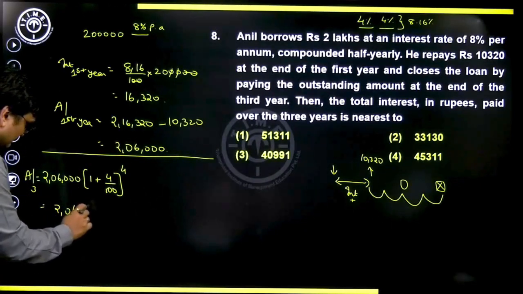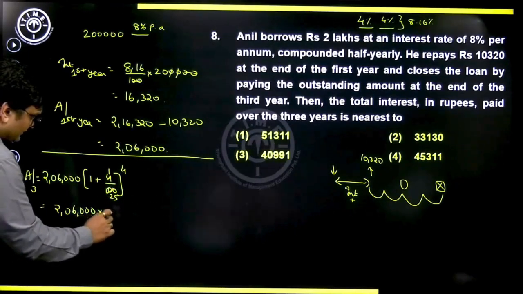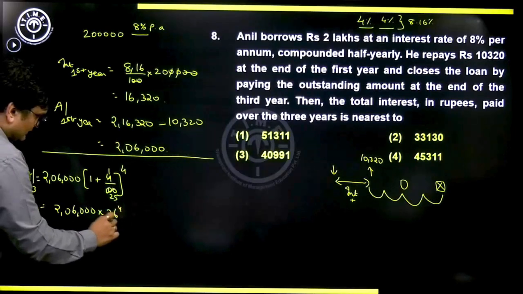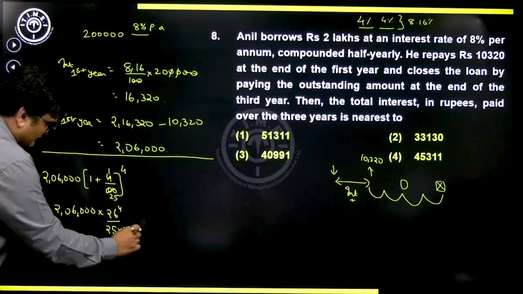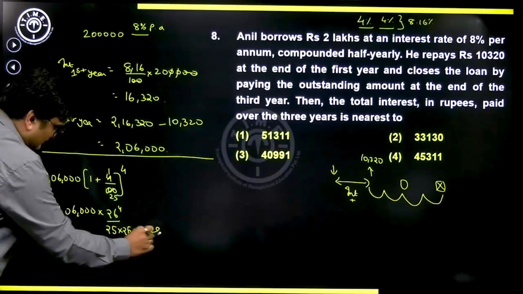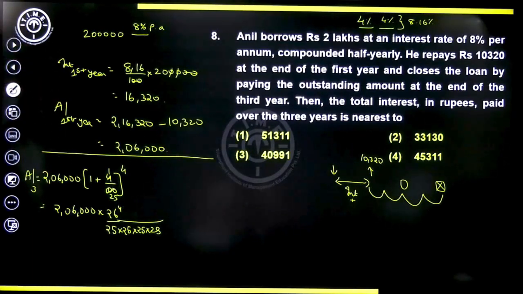So 206, and this is 1 by 25, so this will be 26 power 4 by 25 power 4. This will be your amount at the end of third year.